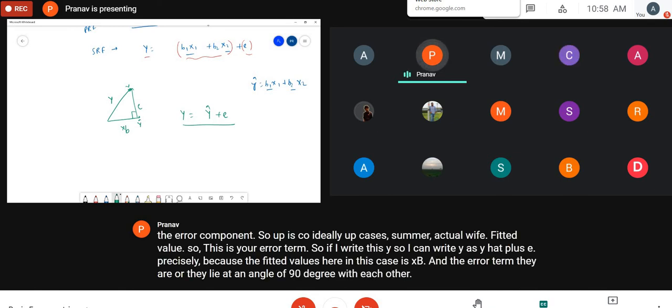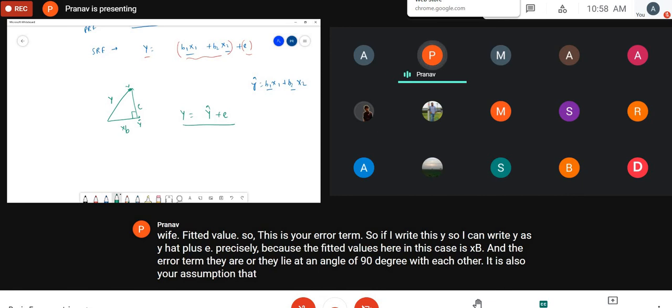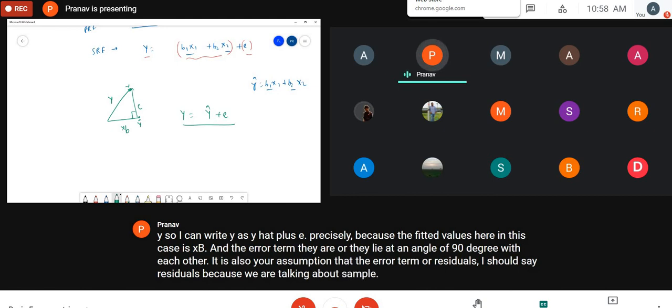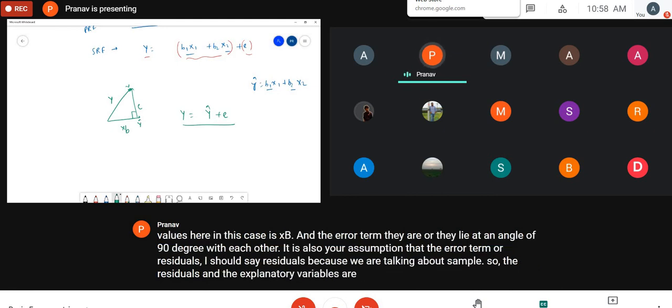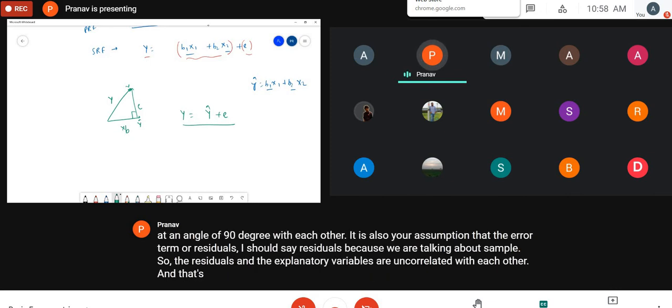And it is also your assumption that the error term, or residuals, I should say residuals because we are talking about the sample, and the explanatory variables are uncorrelated with each other. And that's why you are able to write them in this notation.